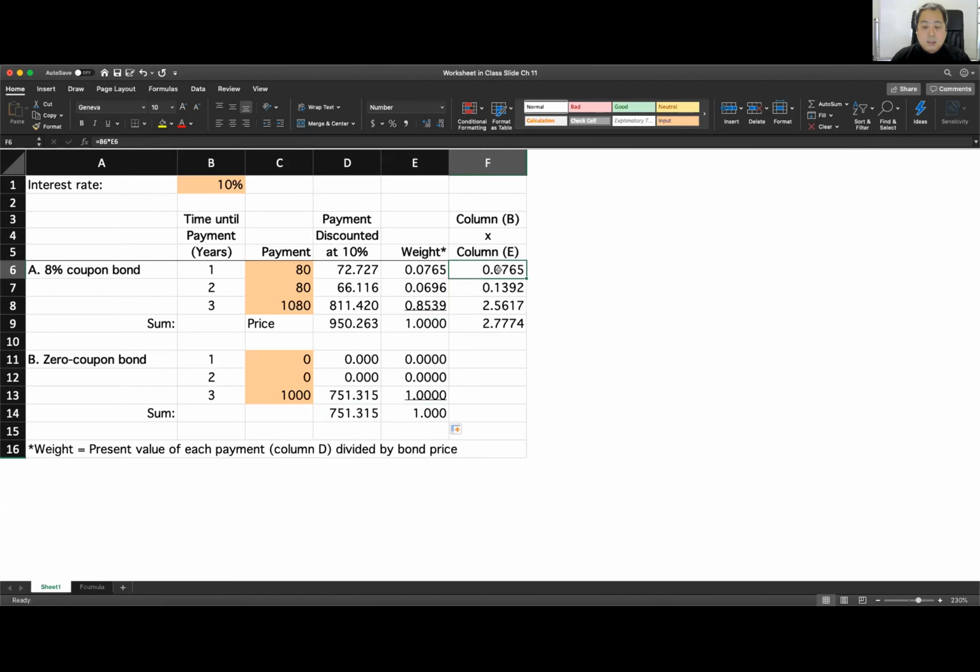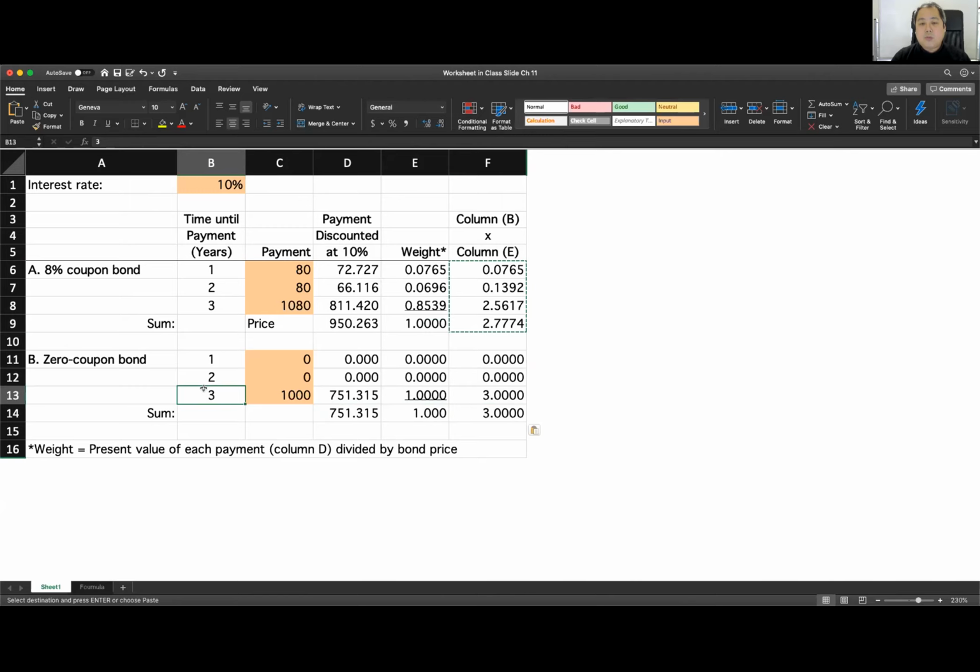And then if you calculate the duration, the duration is the same as the maturity. So zero coupon bond duration is the maximum duration you can have, because the longest one you can have is the one whose effective maturity is the same as its maturity.